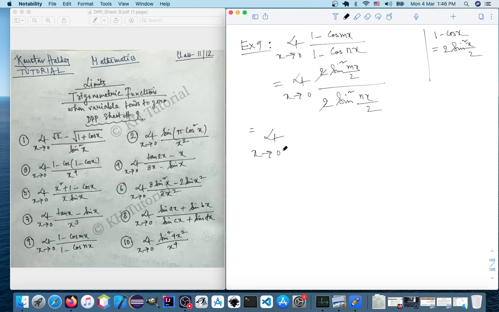sine square mx by 2. We would like to have mx by 2 whole square, and adjust to create the standard form, and similarly for nx by 2 we would like to have nx by 2 whole square, adjust that.